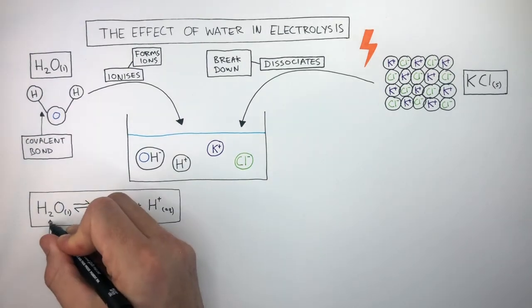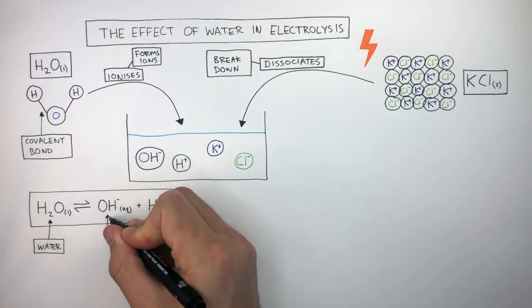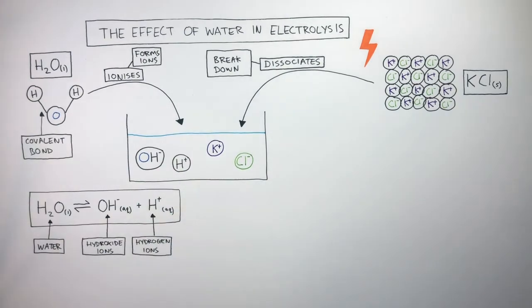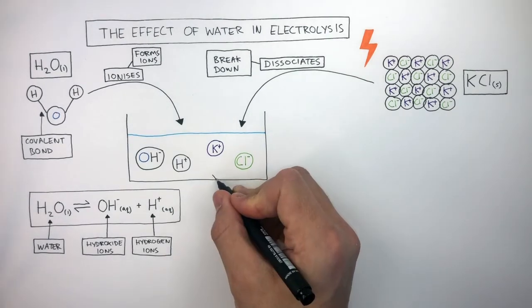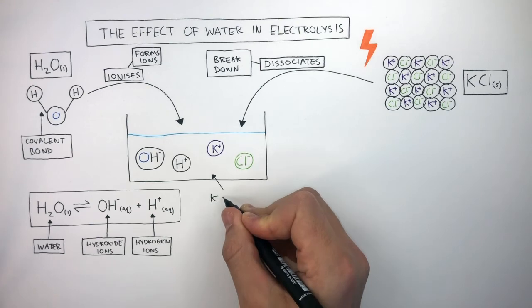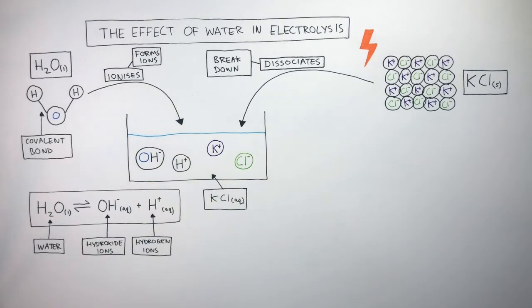This equation just shows water ionizing into hydroxide ions and hydrogen ions, and how it can be reversed where hydroxide ions react with hydrogen ions to form water again. As solid potassium chloride has dissolved in liquid water, we can now write KCl (aq) for aqueous, as this is now an aqueous solution of potassium chloride.